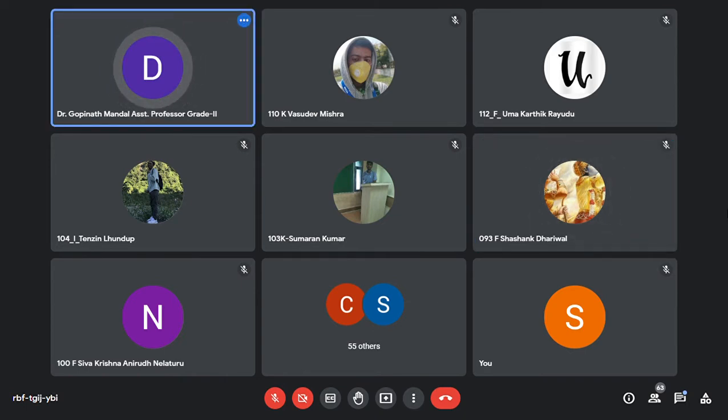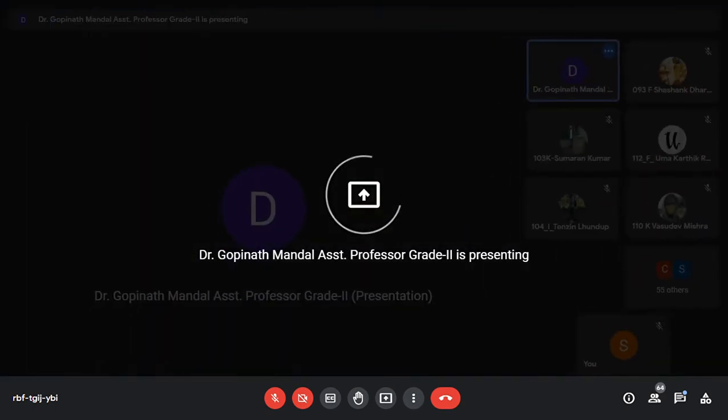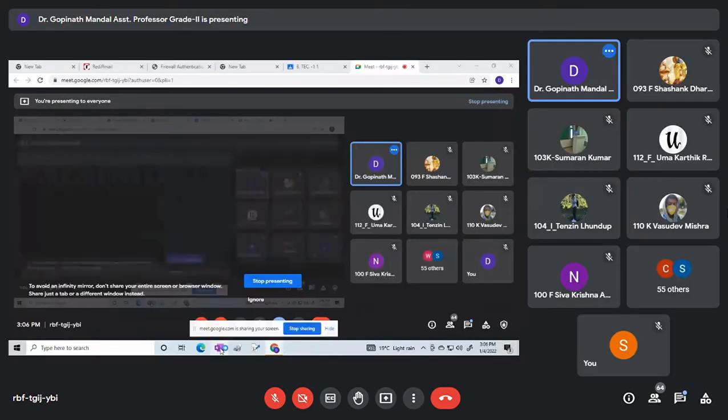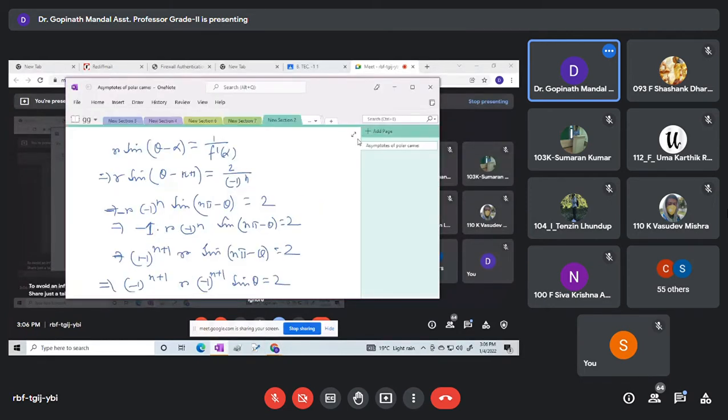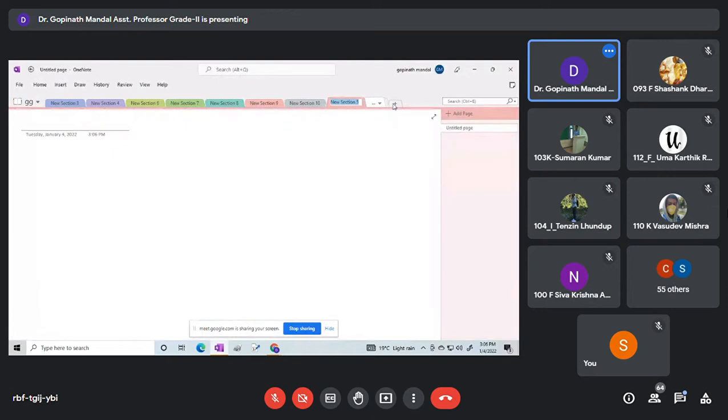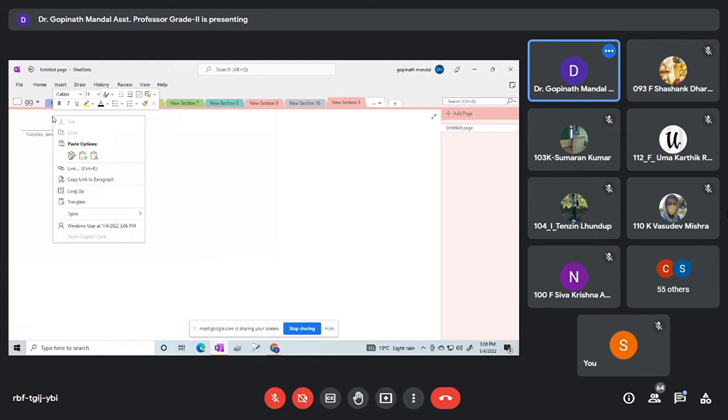Okay, today we discuss curve tracing. Curve tracing, okay.